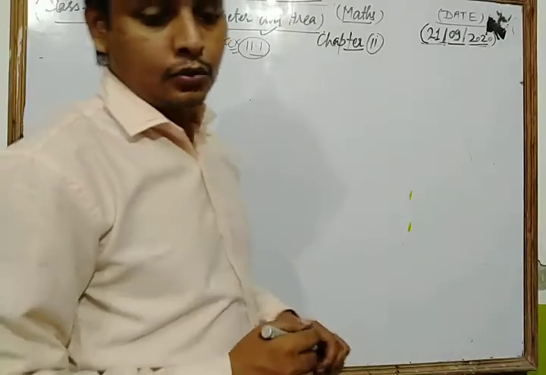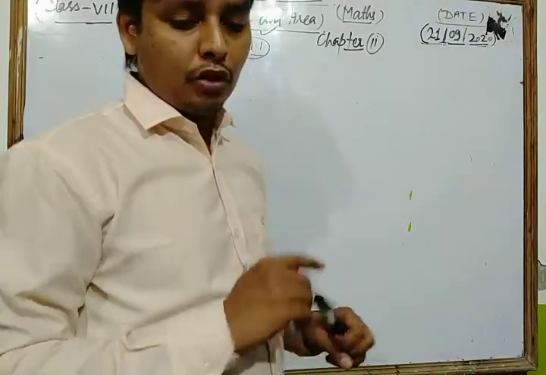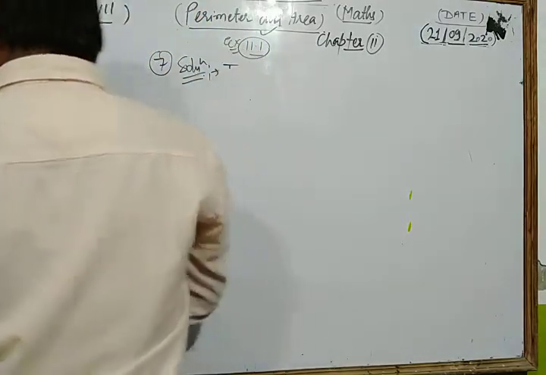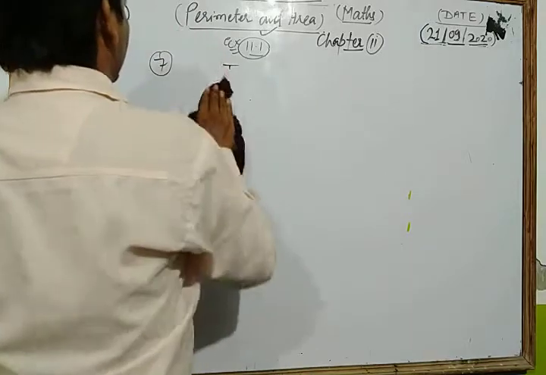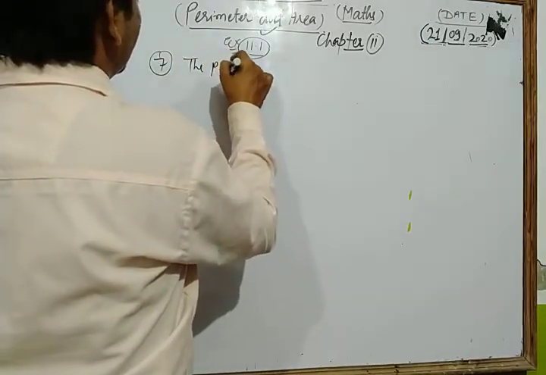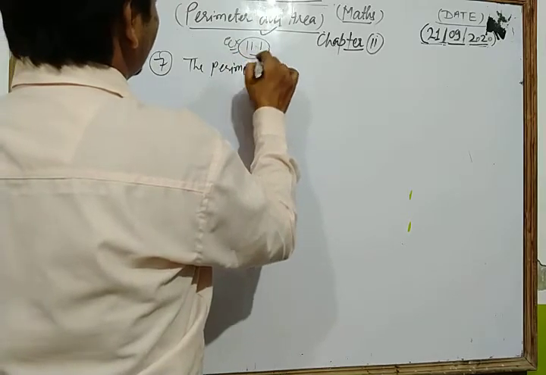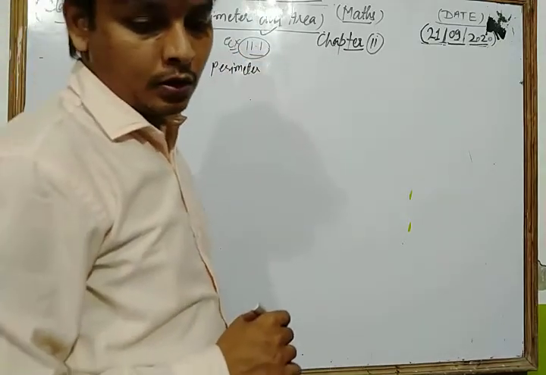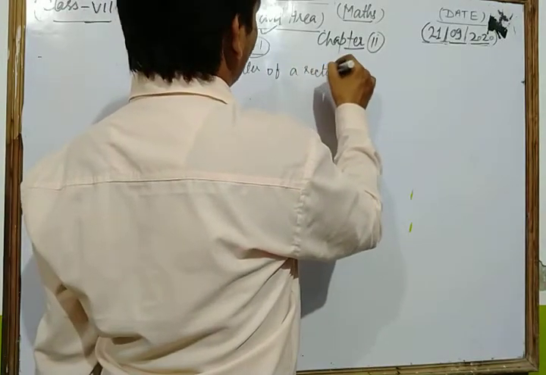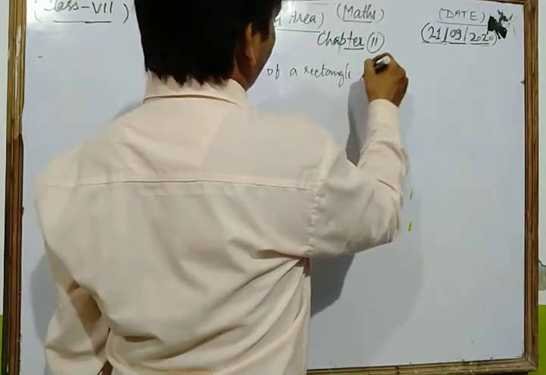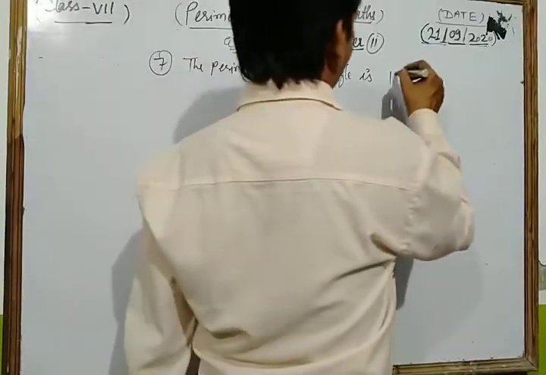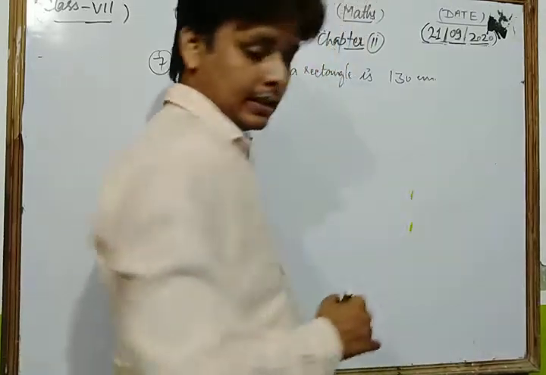Let's see. Dear students, the question is: the perimeter of a rectangle is 130 centimeter.